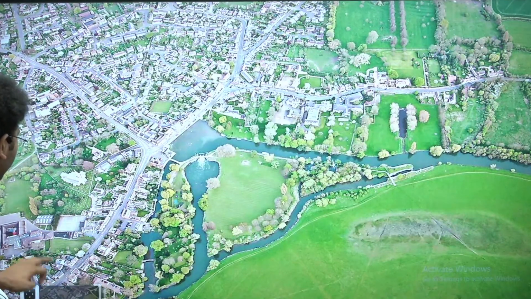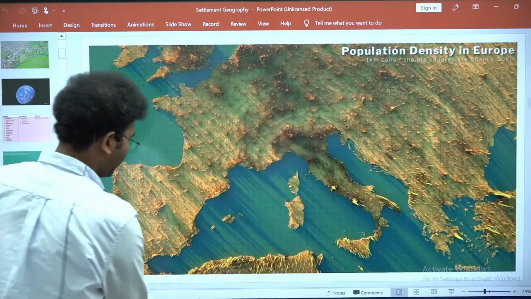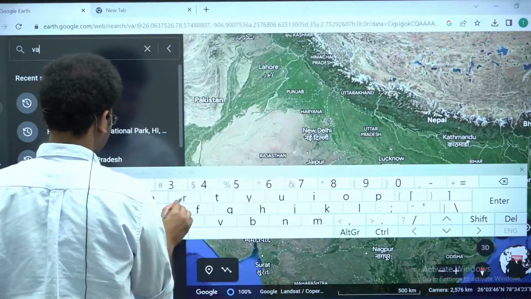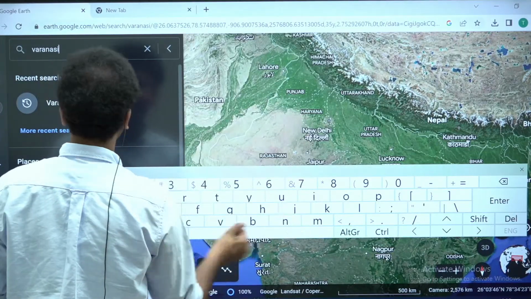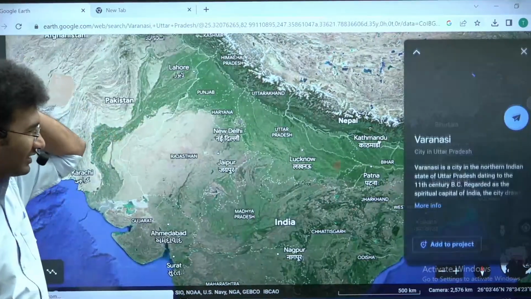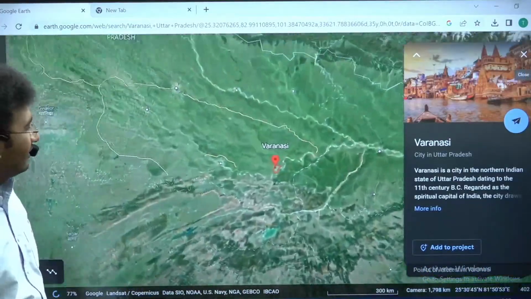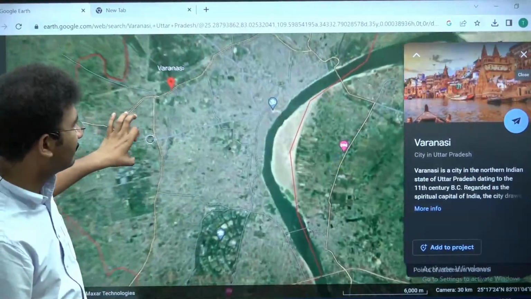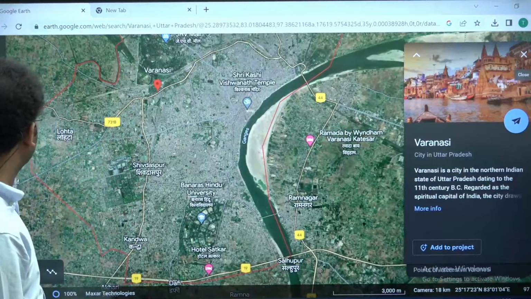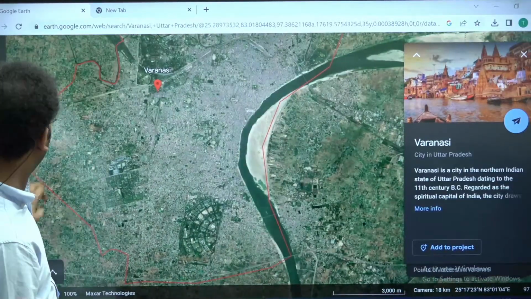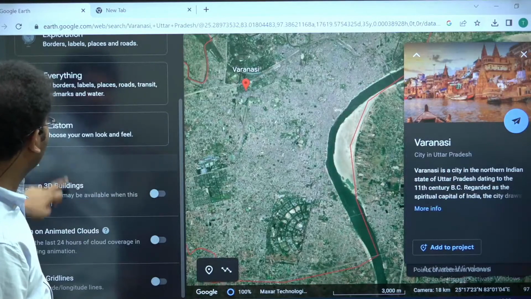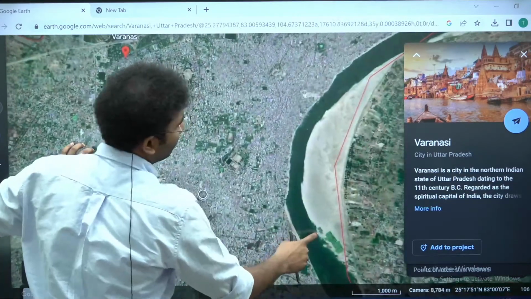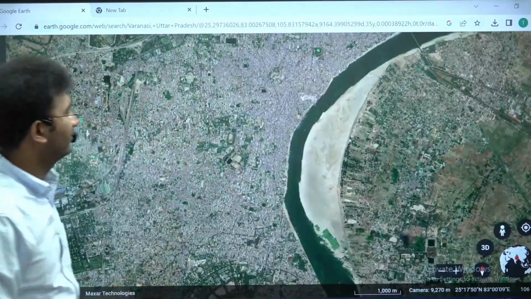Oxbow Lakes also cause population distribution patterns. If I show you in real time, look at Varanasi city. You'll be surprised that even the shape of the city or the settlement types in Varanasi show very clearly the influence of a particular landform or natural agent, how it is deciding.